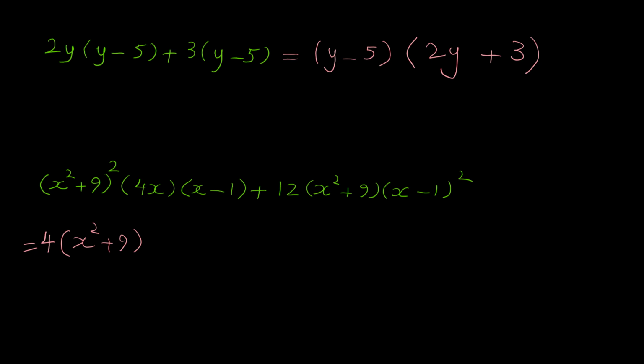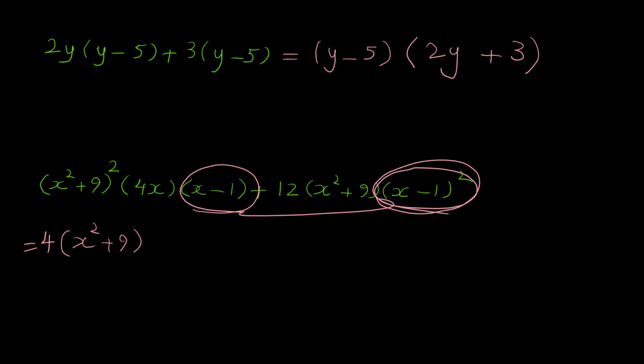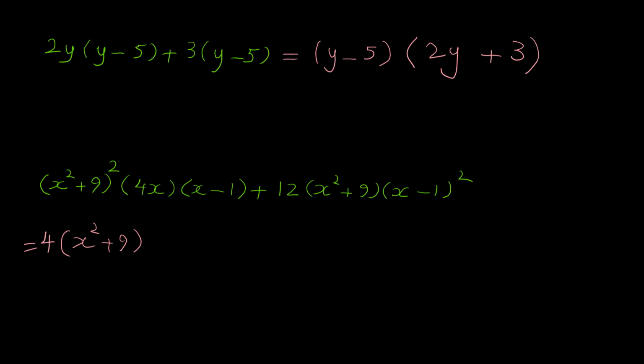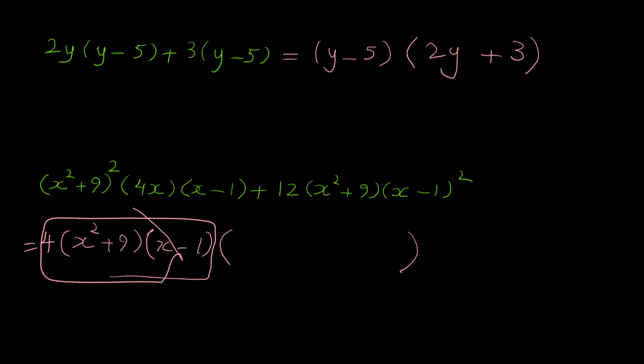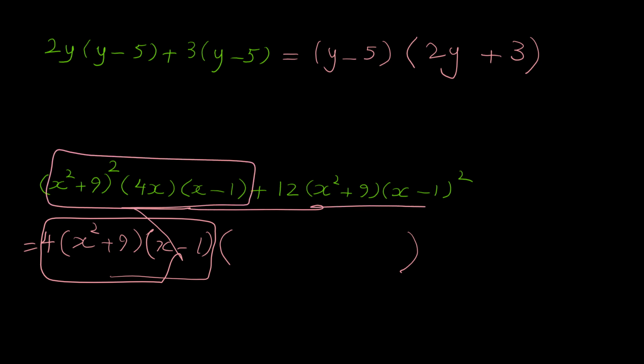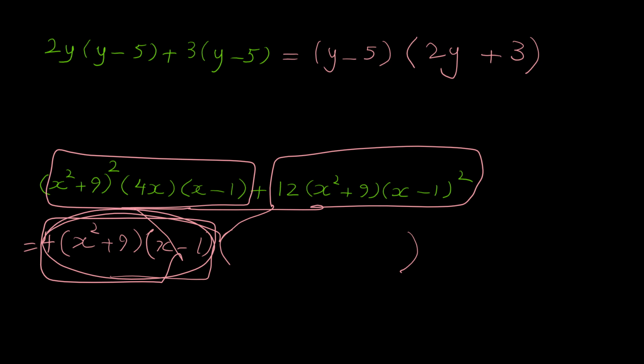So far we know that we have x to the 2 plus 9 as a common factor, and 4 as a common factor. Now let's continue looking at the two expressions. x minus 1, x minus 1 to the 2. We can factor just one x minus 1 because the power of the first one is 1, so we only factor x minus 1. What do we have to put in the bracket? We know that when we factor something, it's like dividing every single term by that common factor.